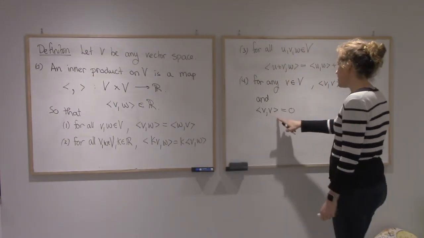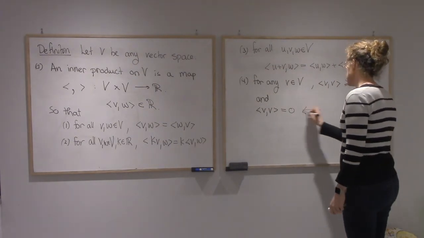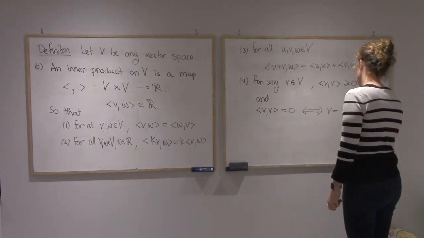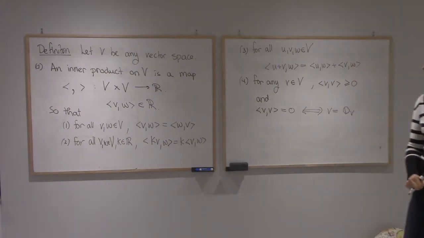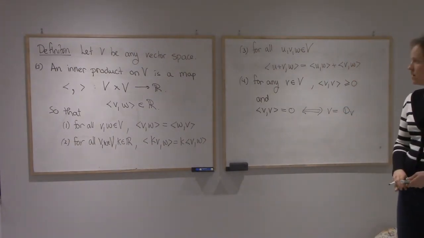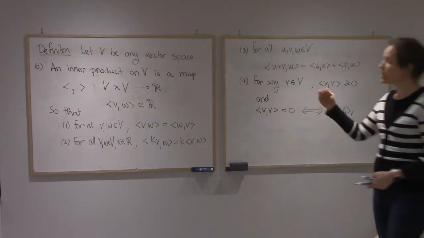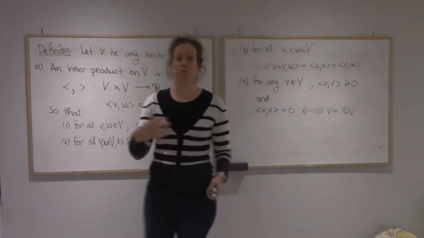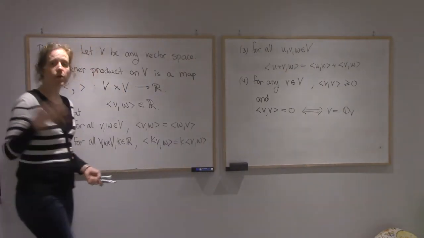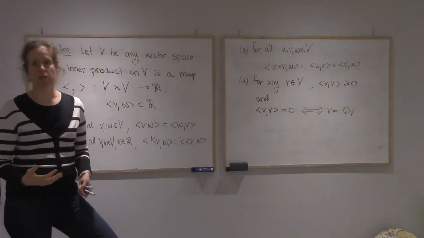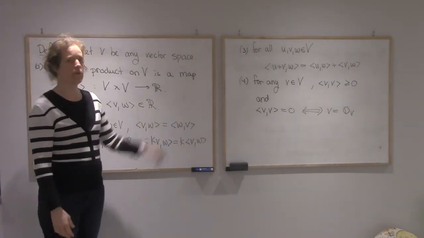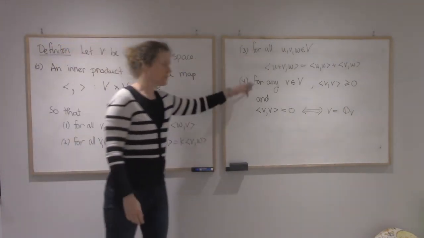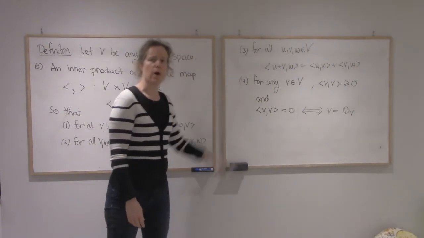So if <v, v> is 0, that means v is the 0 element. All right, so these 4 properties seem like a reasonable thing to ask for. The product you're defining on the vector space needs to respect the vector space operations, and it needs to give a good length, so we need property 4.